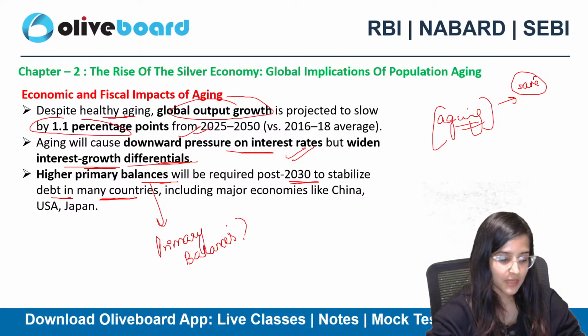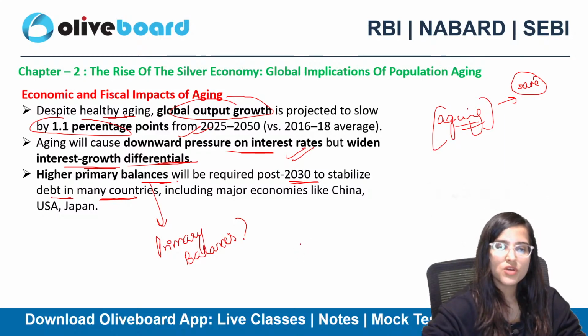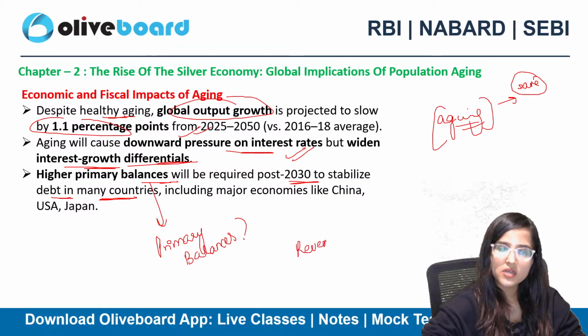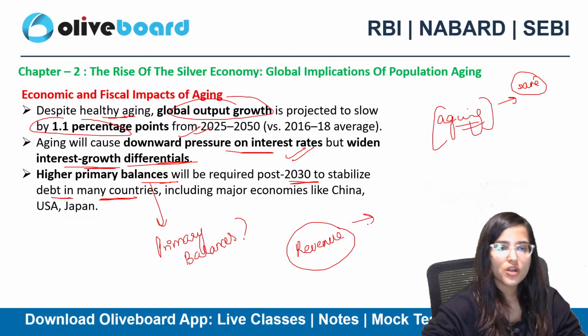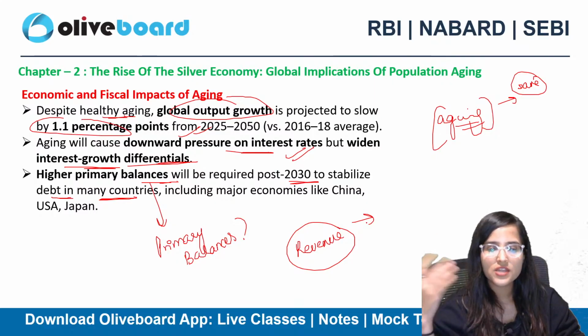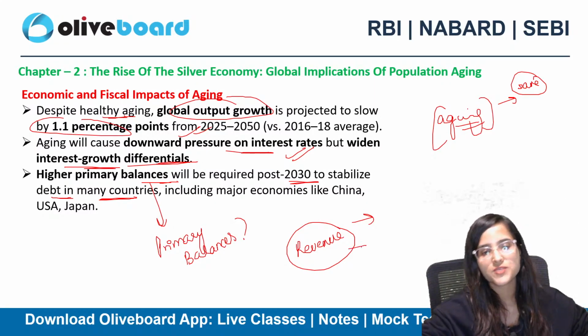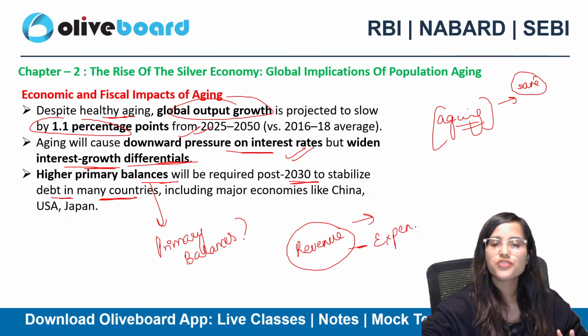What do you mean by primary balances? Primary balances are basically how much revenue you are earning, right? Not including your loans and interest payments, but your revenue and expenditure, excluding your interest payments and all.